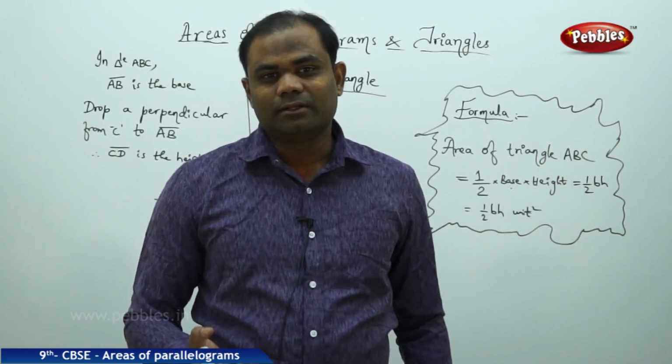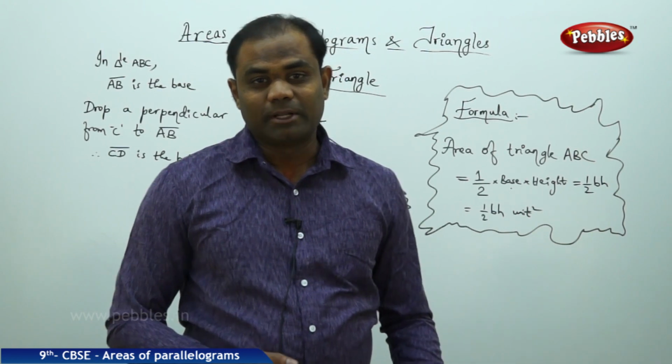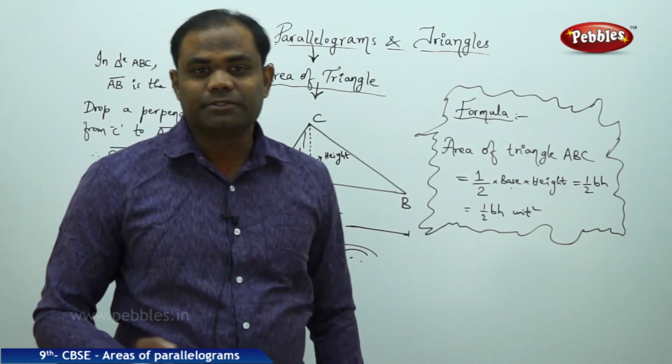So area of triangle is half base height. This is how we understand the area of the planar region triangle, a three-sided closed region.